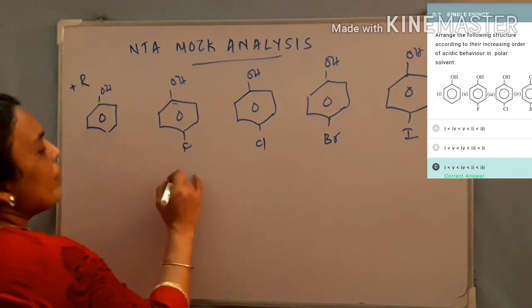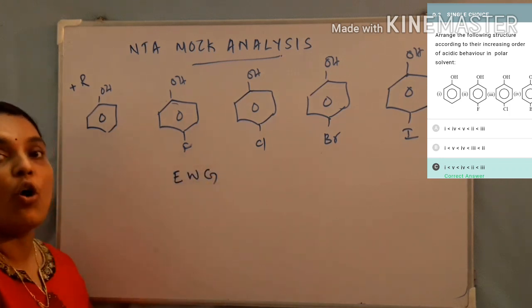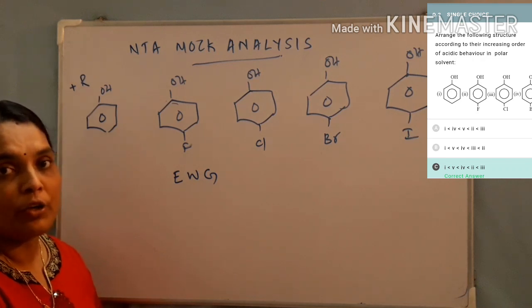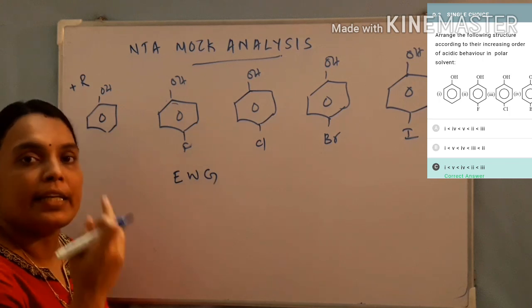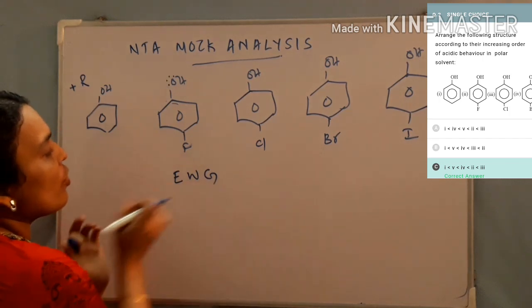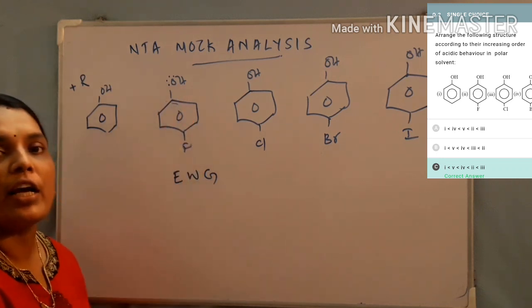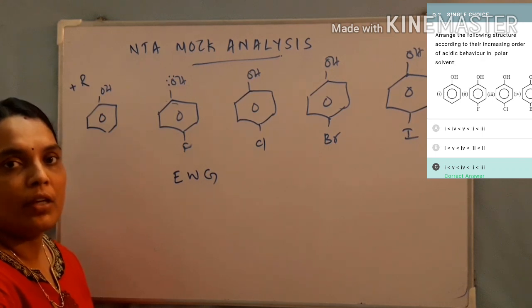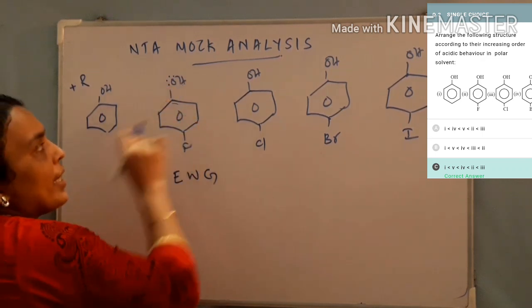And we know that in the presence of an electron withdrawing group, the tendency to withdraw electrons from the benzene ring increases, so acidity increases, because electron withdrawing groups have a high tendency to withdraw electrons from the benzene ring. So the electron density around the oxygen atom decreases.